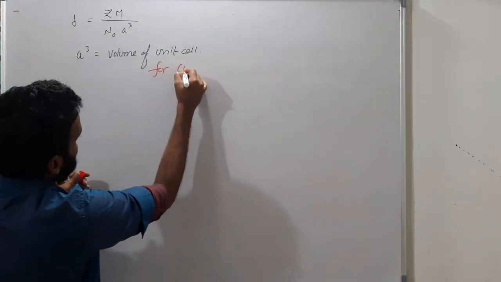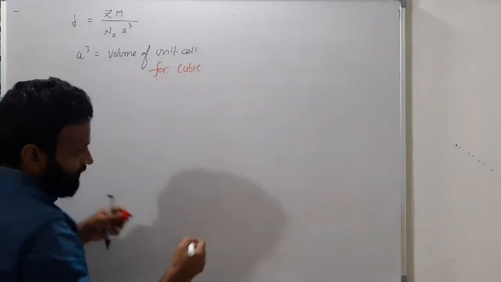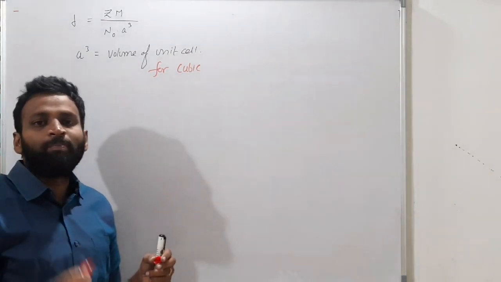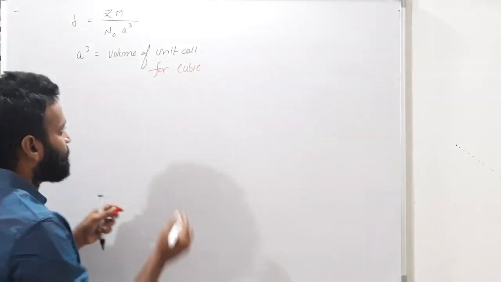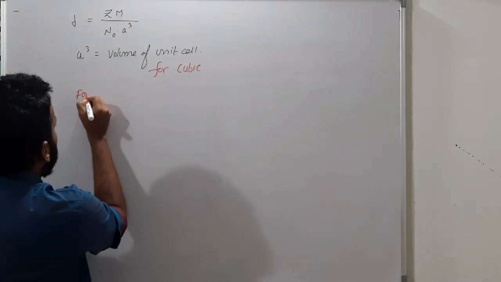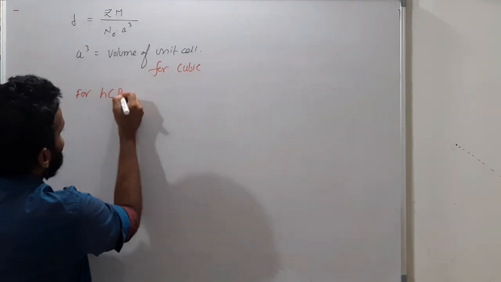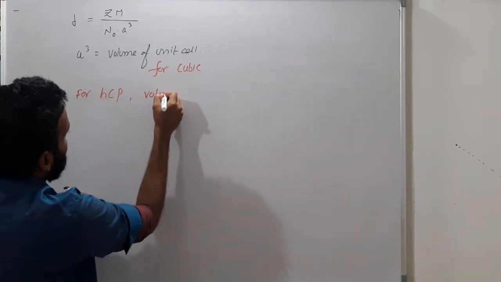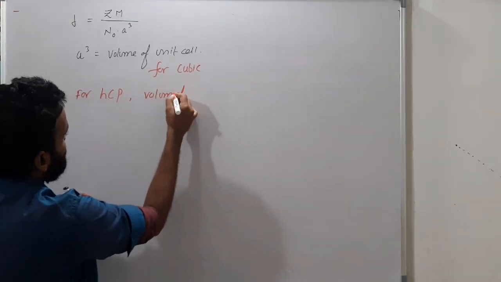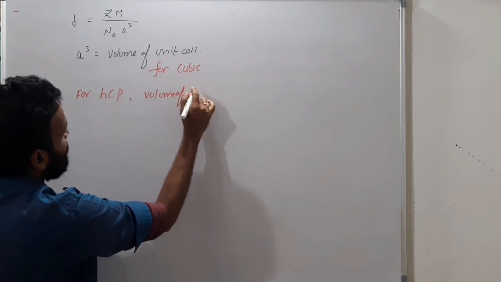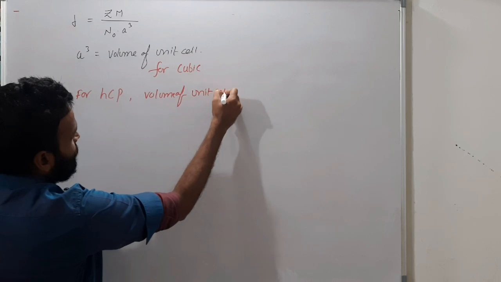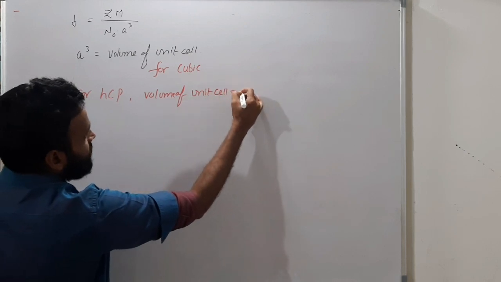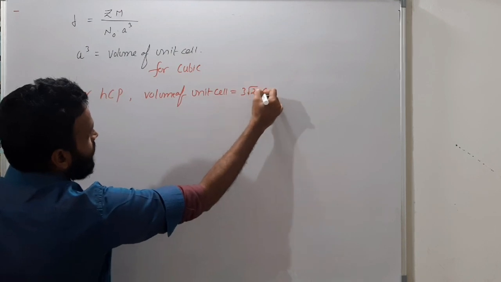for cubic lattices. Cubic means only for simple cubic, BCC and FCC, for those only. But for HCP, hexagonal close packing, the volume of unit cell, you have to consider 3 root 2 a cube.